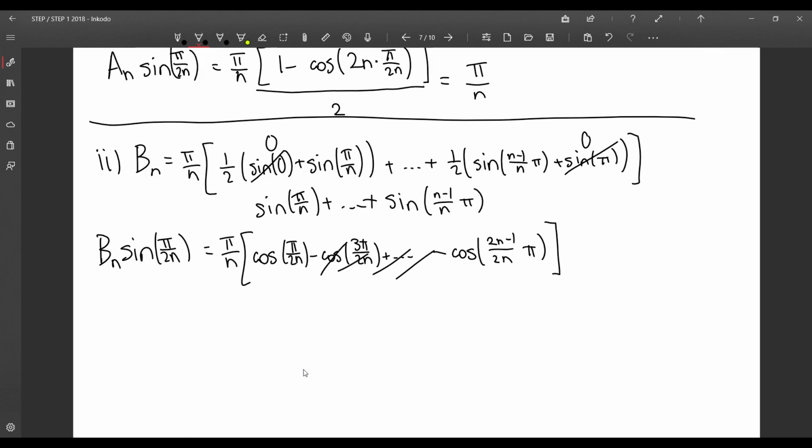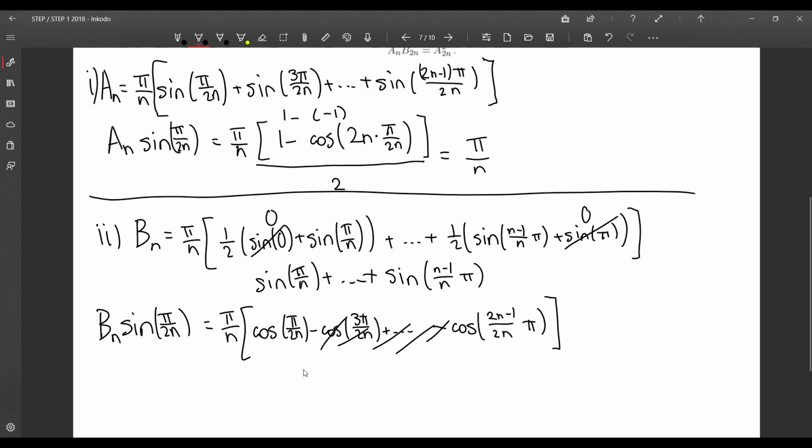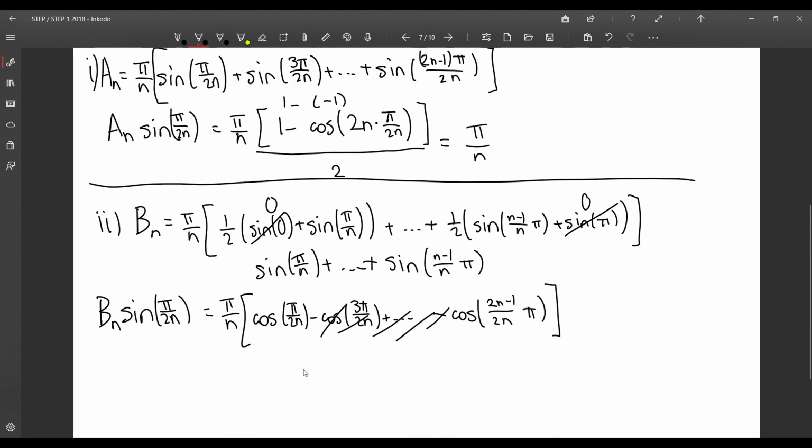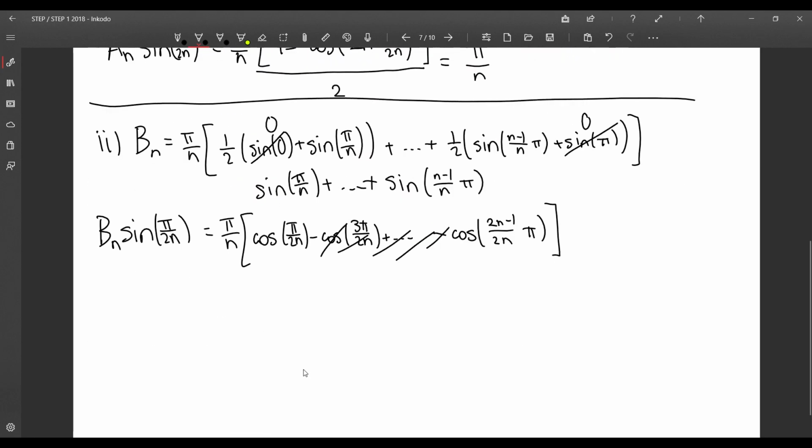And the rest telescopes. Of course, we have to be multiplying by 2, so we have it divided by 2 here.